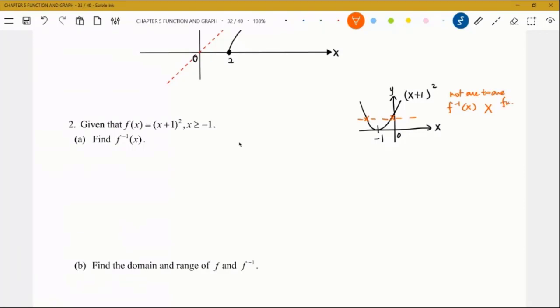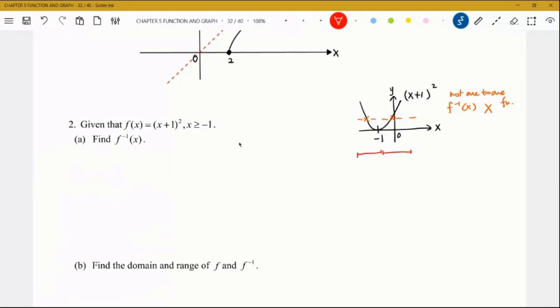So untuk jadikan F inverse wujud, kamu mesti stick either sebelah kanan ataupun sebelah kiri saja. So dekat sini ataupun yang ini saja. Okay, so untuk soalan ni dia dah stick dah. Graf kita hanyalah pada sebelah kanan, which is more than negative 1. So sebabkan domain ini menyebabkan inverse wujud.